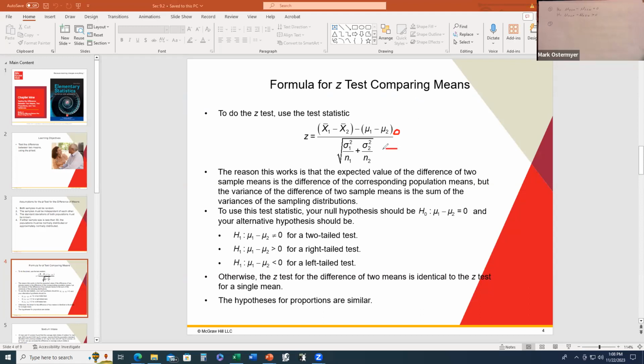This would be the standard error. And notice that to compute the standard error, we do know the population standard deviations. All right, that's why we call this a z-test, because this variant is normally distributed according to the normal distribution.